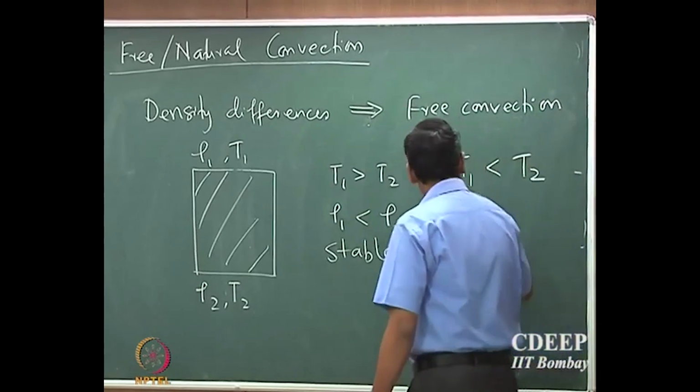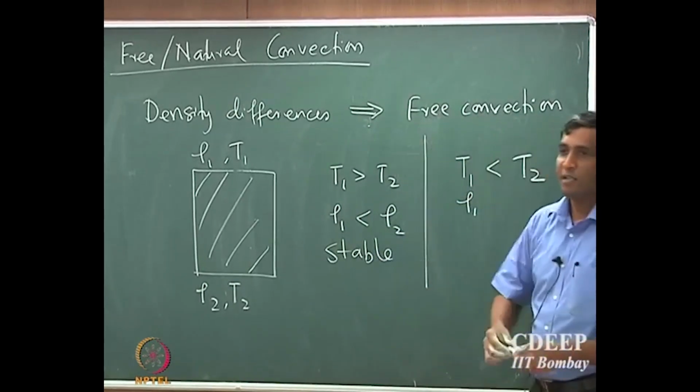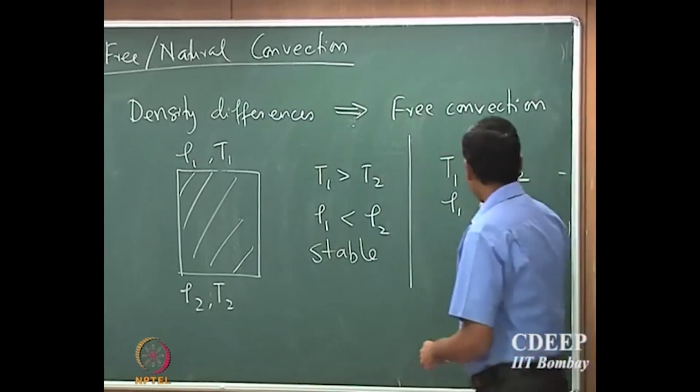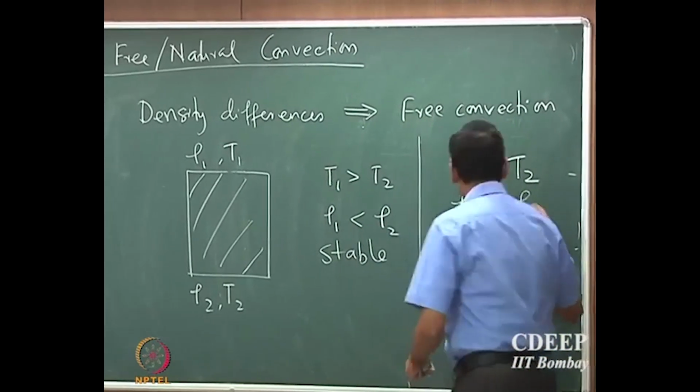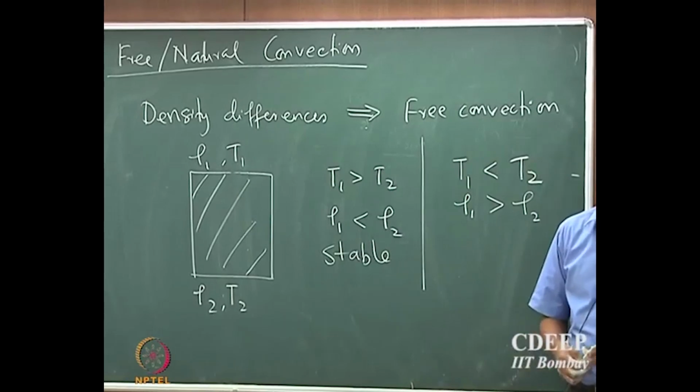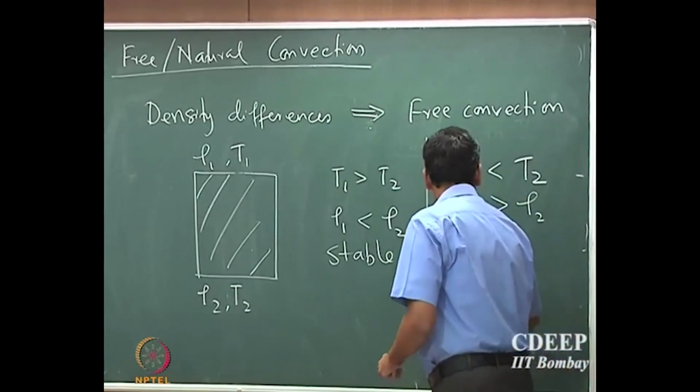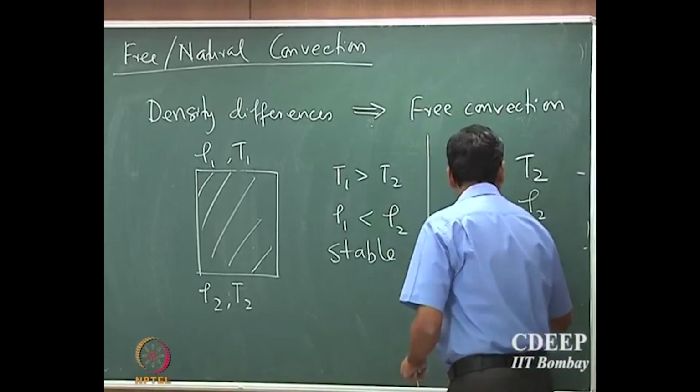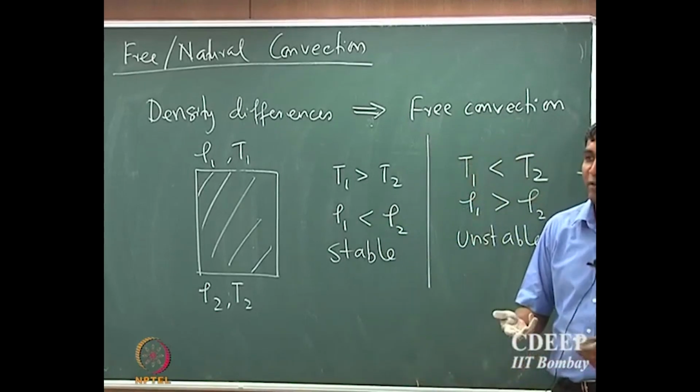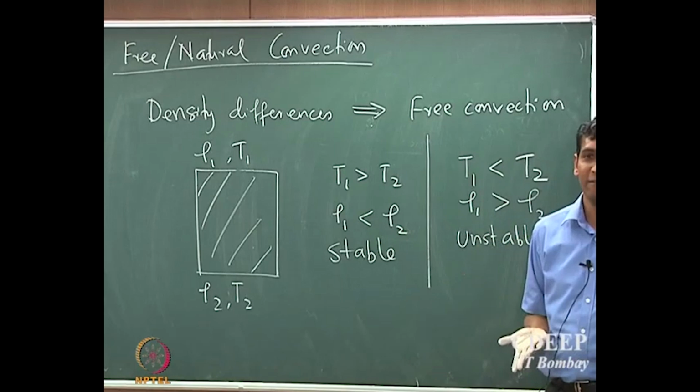So you expect the density of the fluid near the top surface to be greater than the density of the fluid at the bottom. That's an unstable situation, where a heavy fluid is sitting on top of a light fluid.